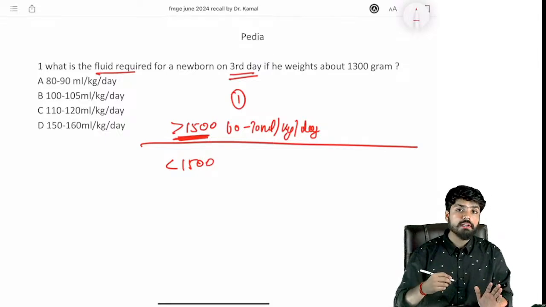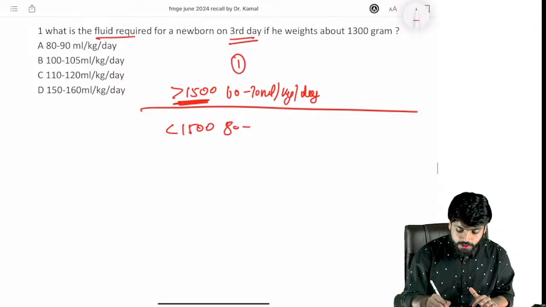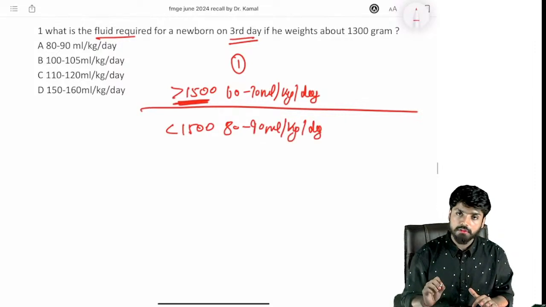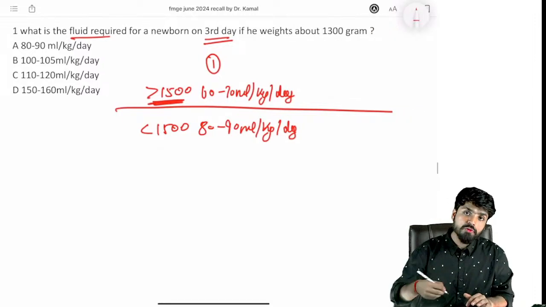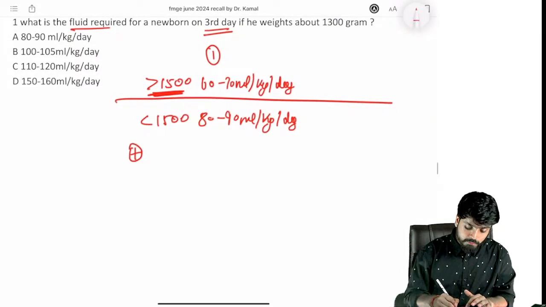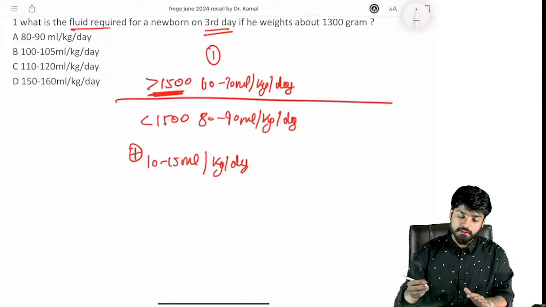On the other hand, if the child is less than 1500, this becomes 80 to 90 ml per kg per day. I told you about the first day. For each subsequent day, you add 10 to 15 ml per kg per day.